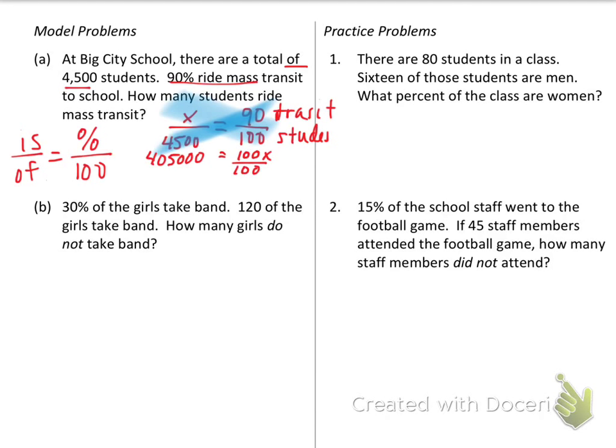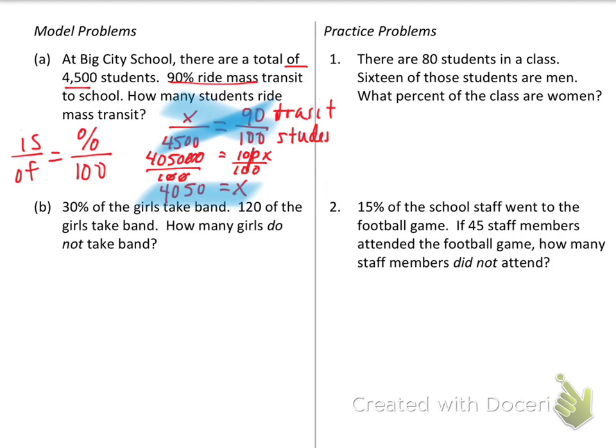Here's the great thing about using proportions to solve problems: you get x on this side, and when you divide by 100, you can just cross off 2 zeros. So you get x equals 4,050. So that is my answer, 4,050.